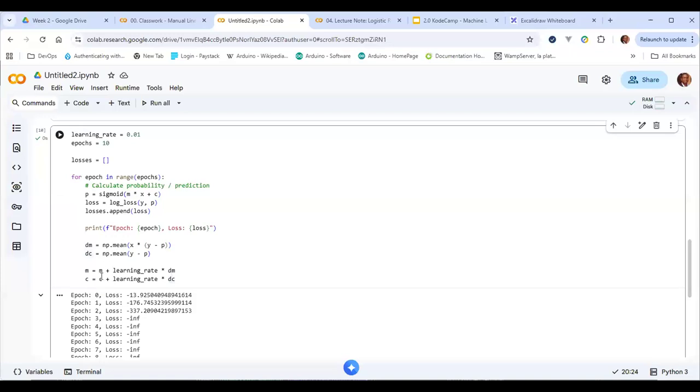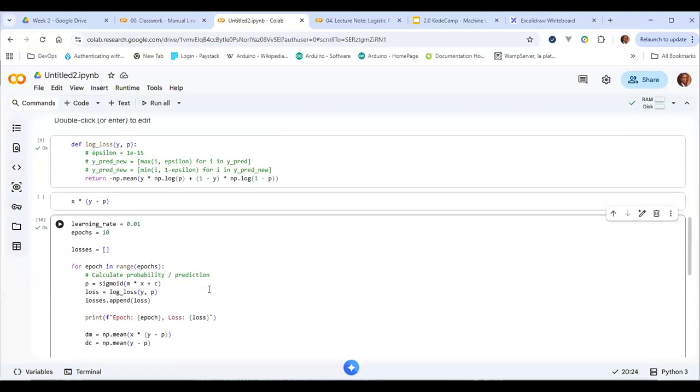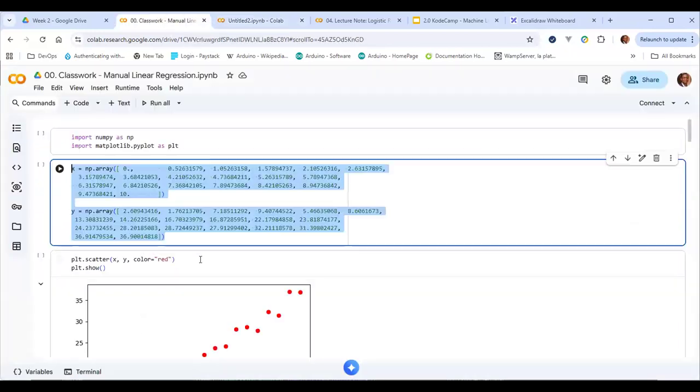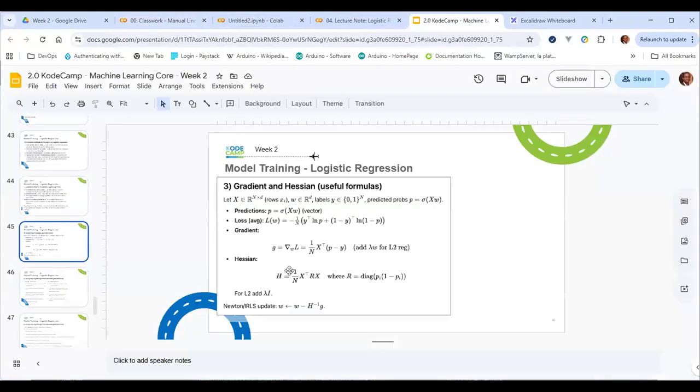oh, hold on. I missed something. The gradient has to have a negative, right? The gradient calculation has to have a negative. So let's just double check so that you can see. Well, so here's the thing.